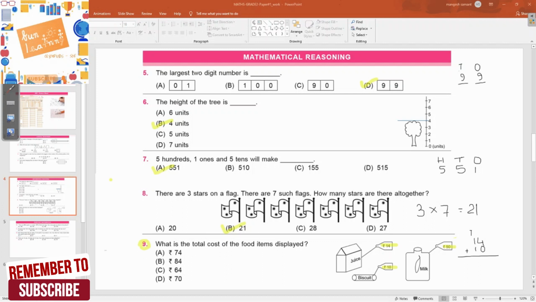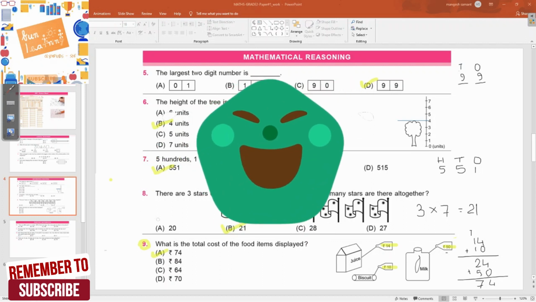So 14, you add 10, it becomes 24. Similarly, when you're adding 50, you just have to add 5 to your tens place. So 50 plus 24 is 74. So it's a quick adding where you're just adding the tens place and getting your answer. Do we have a 74? Oh, we do, and we have successfully done our mathematical reasoning section.